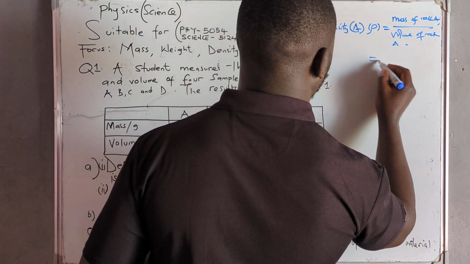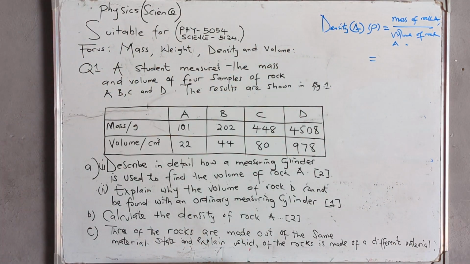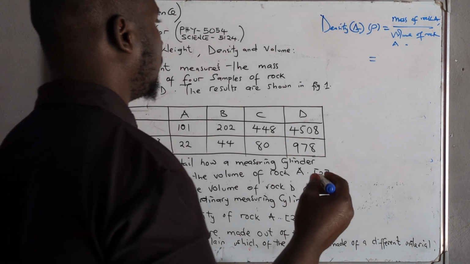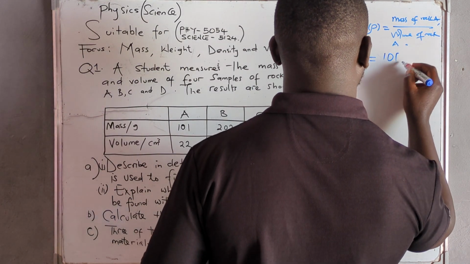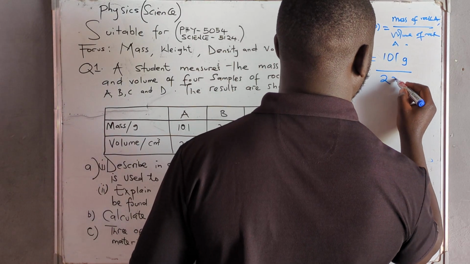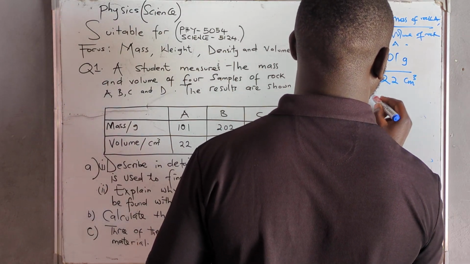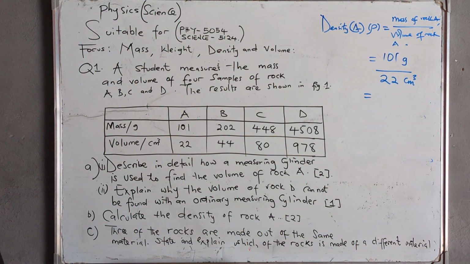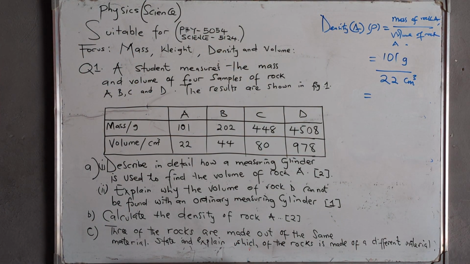So we're going to get the mass of rock A, which is 101 grams, and the volume to be 22 cubic centimeters. And this is going to give you what? Just try to punch on the calculator and see what it is going to give us.